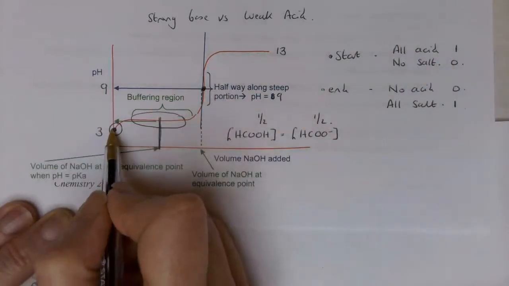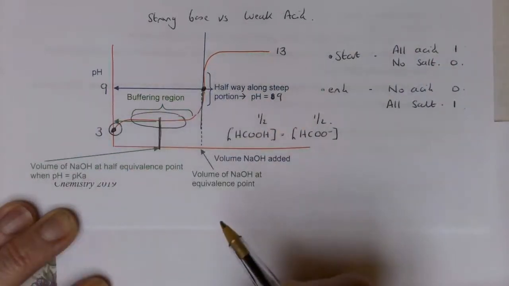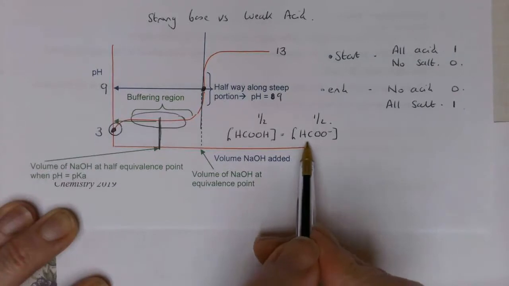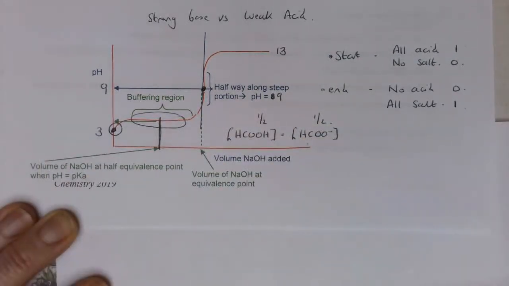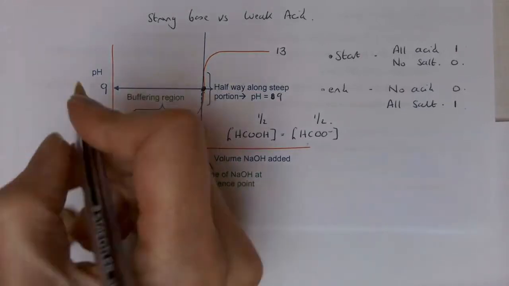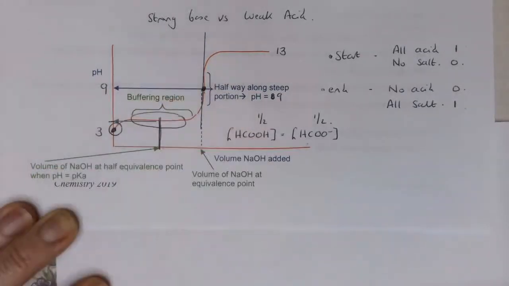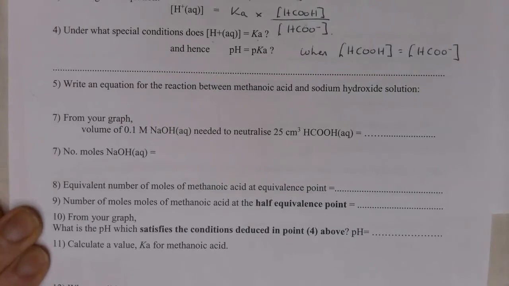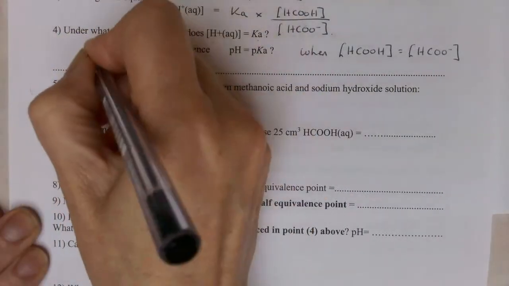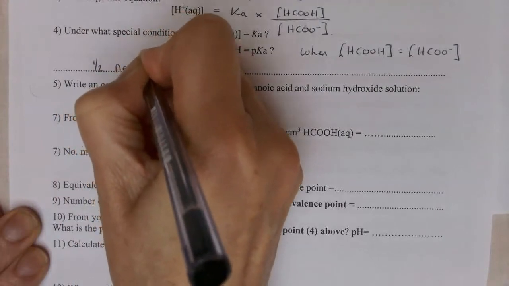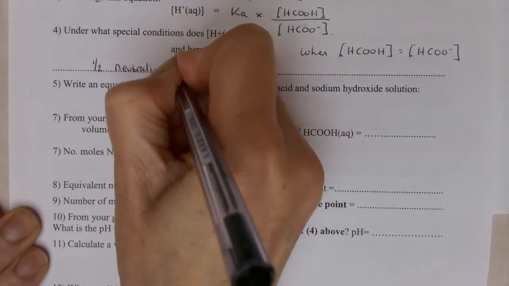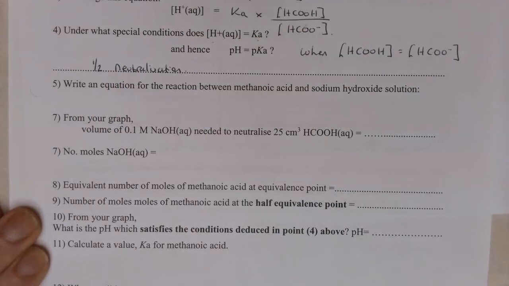So halfway between these two points, that is where we've got half and half, and that is where we've got equal amounts of both acid and salt. And that's why we can work out the pH. So the special condition is at half neutralization, where half the acid has been neutralized and half the salt has been made.